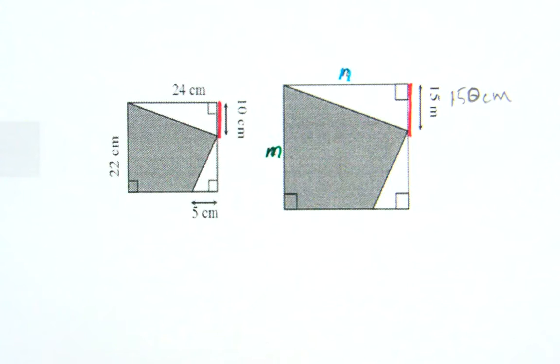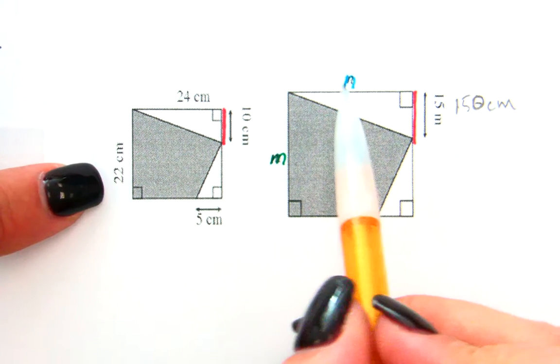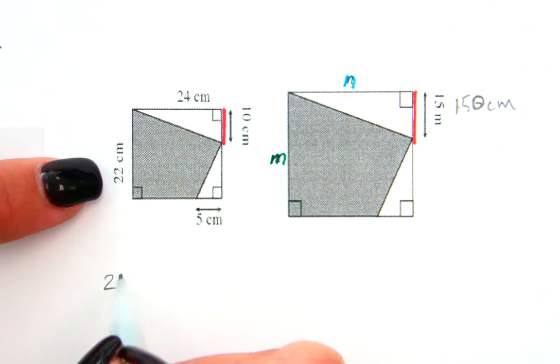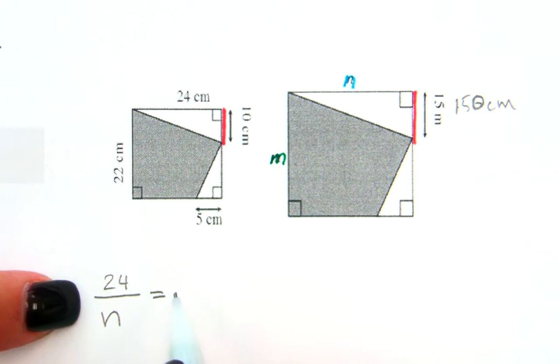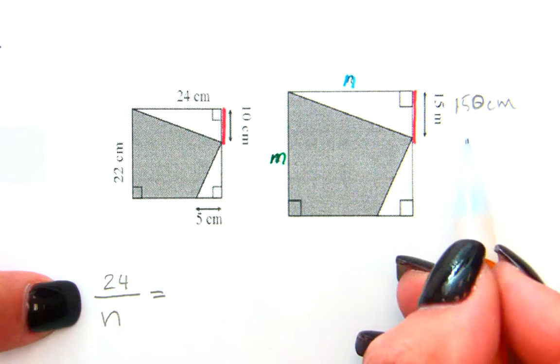I always have issues converting. And so let's set up a proportion. We're going to do n first, and we'll see if we come out right with 150. So we have 24 centimeters over n, and that's going to be equal to 10 over 150.